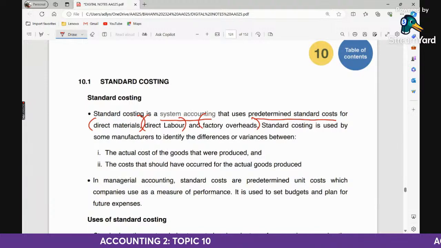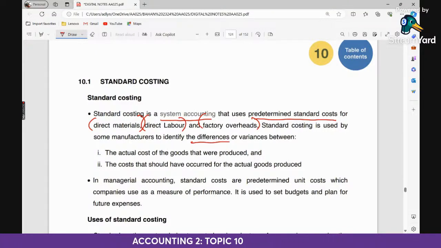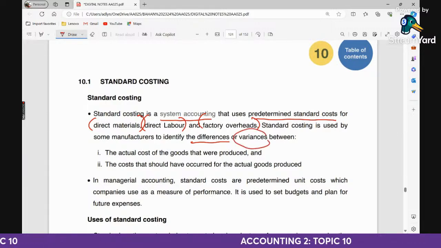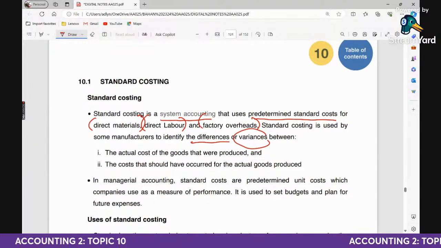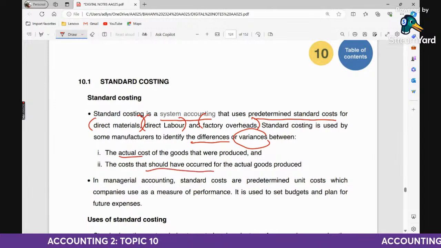Okay, apa tujuan kita guna standard costing? It's actually to identify the differences. Nak menilai perbezaan ataupun another word for perbezaan is actually variance. Variance tu ialah beza di antara satu item dengan satu item yang lain. So di sini untuk topik 10, the variance is actually between the actual cost and the cost that should have occurred for the actual goods produced.